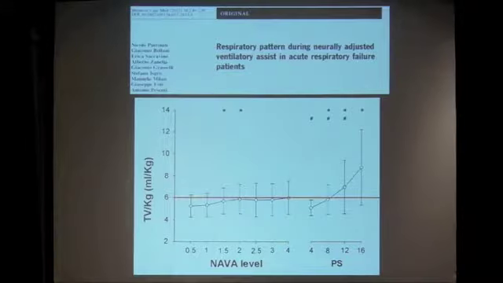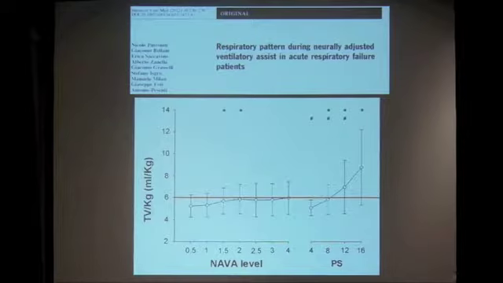This is a paper by our group comparing, in a population in which all patients except one have ARDS, NAVA with pressure support. We had 5 NAVA levels from 0.5 to 4, and 4 levels of pressure support from 4 centimeters of water to 16.